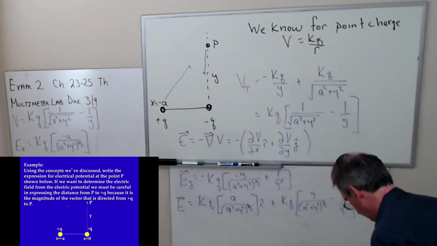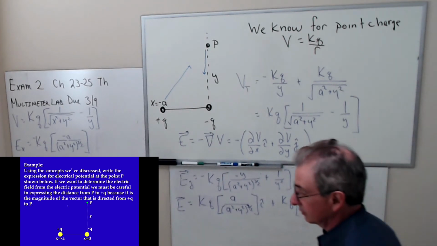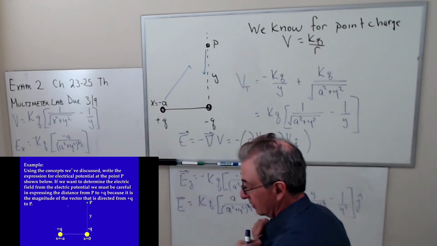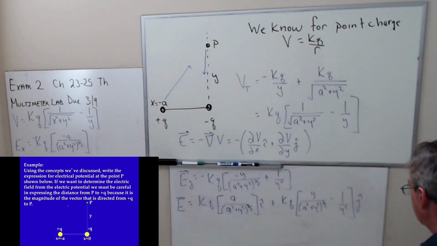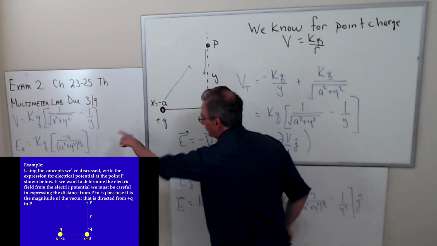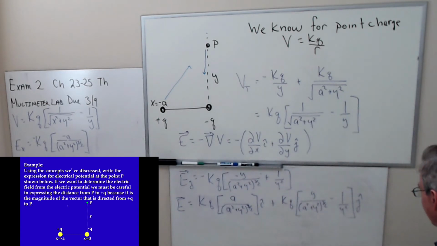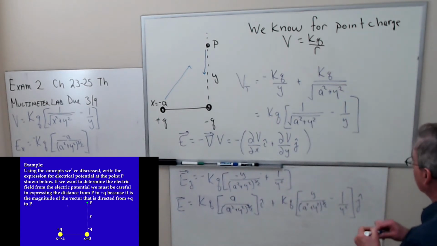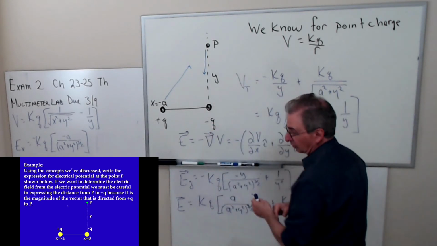That's it. That's all you got to do. And yeah, I did skip a couple steps because some of you folks are worrying about the 1/2. I apologize. I did 2 steps at once. Okay, so you can actually calculate the electric field at this point just by taking derivatives.